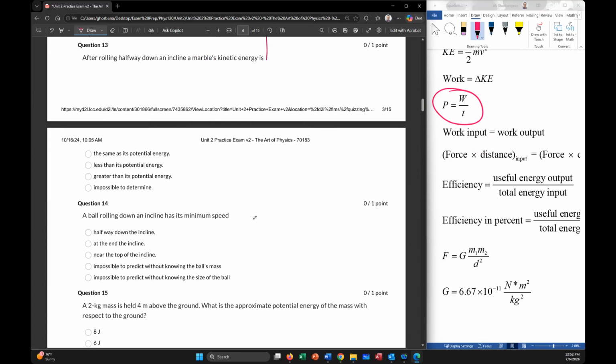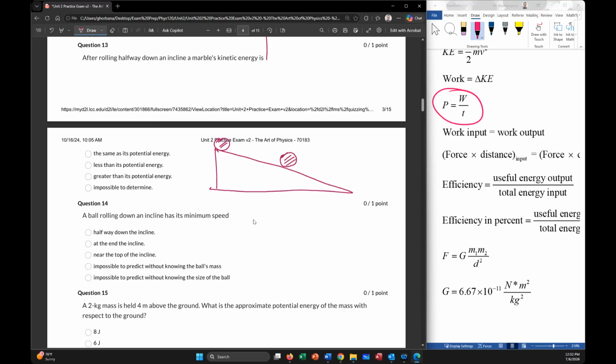So, question number 13. After rolling halfway down an incline, the marble's kinetic energy is. So let's say we have an incline. The marble was on the top, and now is in the middle, halfway. What is the energy on the top? It's not rolling.